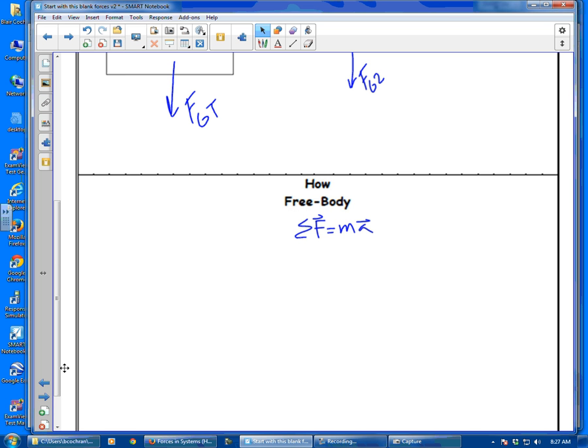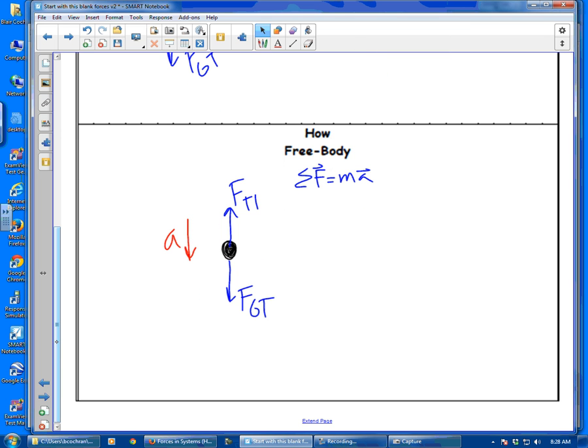What's the next step? Free body. Fill it in graphically.